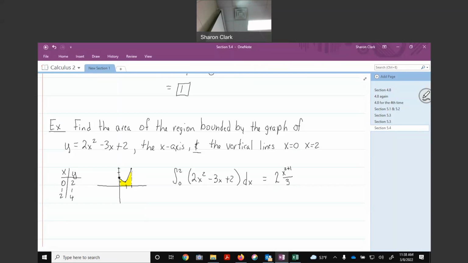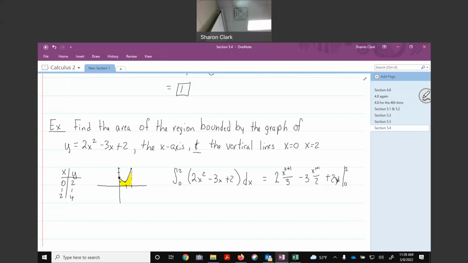All right, so we're going to do the antiderivative. So 2 times x to the 2 plus 1, which is 3, minus 3 times x to the 1 plus 1, which is 2, plus 2x from 0 to 2. And for those of you who weren't here last time, we don't do the plus c because we've got those bounding numbers, the 0 and the 2. If it was an integral without any numbers on it, that's when we put the plus c.